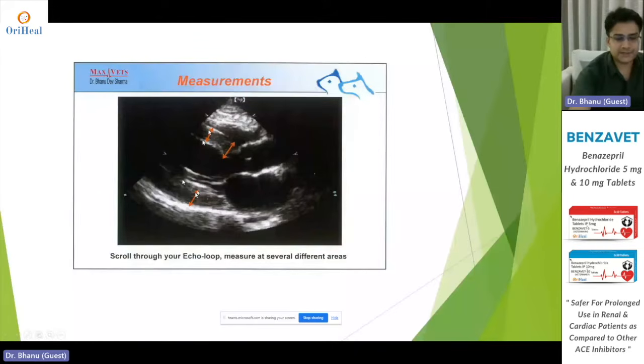So, you freeze the image, you scroll through the echo loop, and you measure the IV septal thickness and the left ventricular free wall thickness at different areas. And as I mentioned earlier, the thickness more than 6 mm is characteristic for HCM.